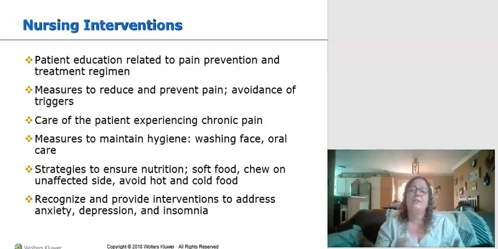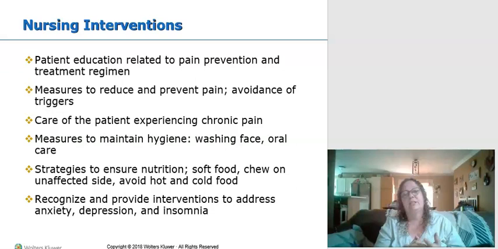So for nursing interventions, we want to do patient education related to pain prevention and the treatment regimen, and measures to reduce and prevent the pain, such as avoiding the triggers, whether it's hot and cold food. If chewing does it, maybe a soft diet, and chew on the unaffected side.